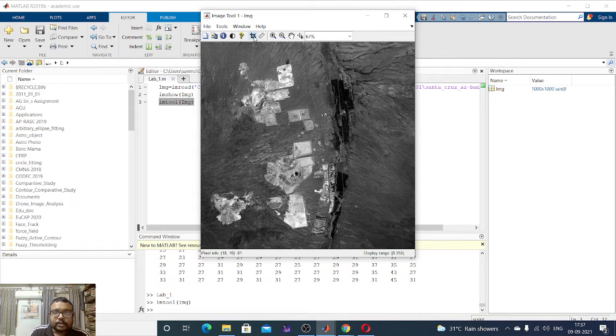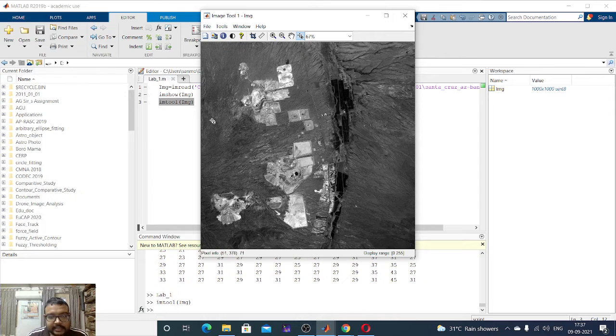This is the tool with which you can crop the image, this is the tool with which you can adjust the brightness or contrast of the image, and this is the tool with which you can inspect the pixel value.